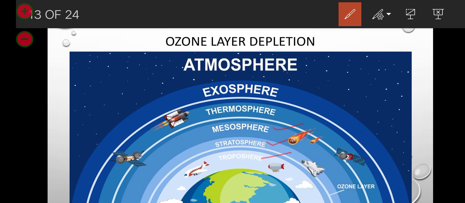Then the mesosphere, then the thermosphere, and the last one is the exosphere. These many layers of atmosphere are around the earth. So the ozone layer is in the stratosphere, near the earth, and that will stop the ultraviolet radiation from reaching the earth.